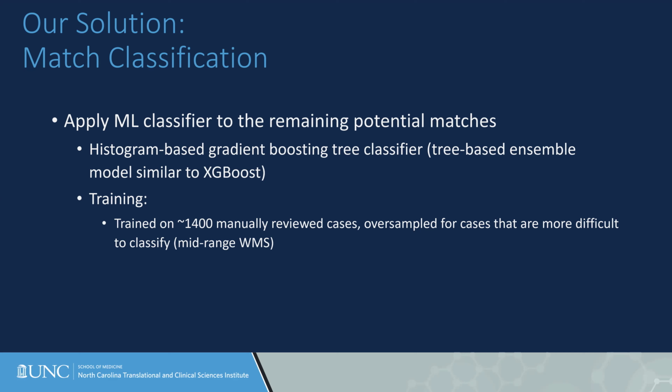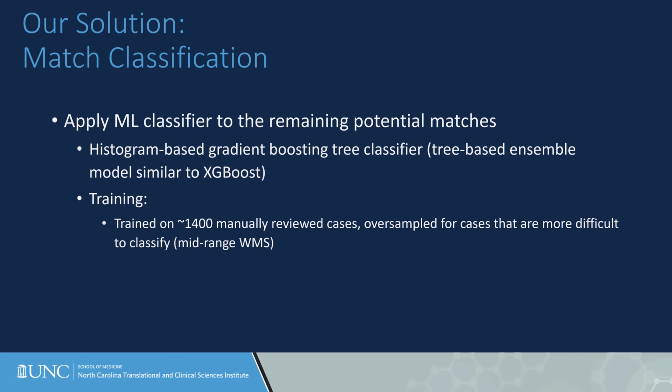But the thing to keep in mind here is that most of the potential matches we get from those algorithms are either clearly positive or clearly negative. They have high weighted match scores or low weighted match scores. The more difficult cases with the mid-range scores are much less frequent. But these are the types of cases that it's especially important that we let the machine learning model learn how to classify well.